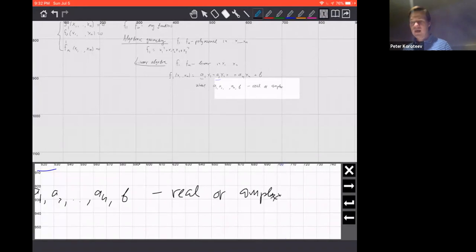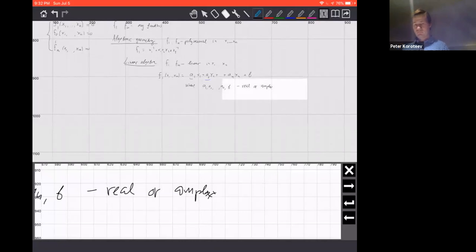Are you familiar with complex numbers? We're not going to need them too much, but just in case.